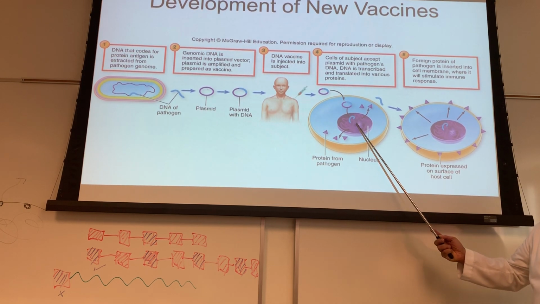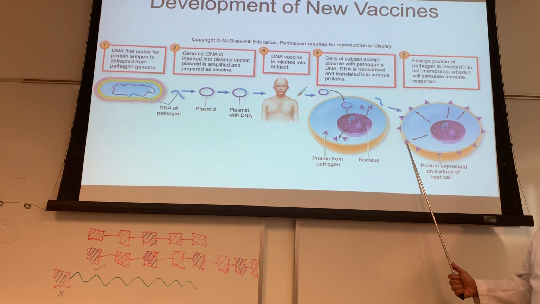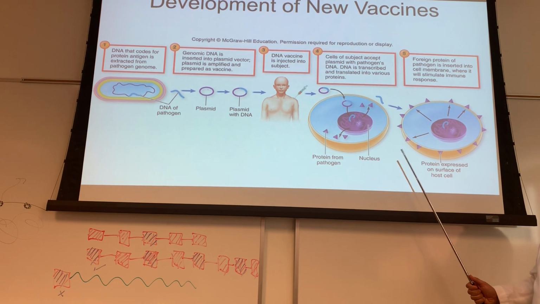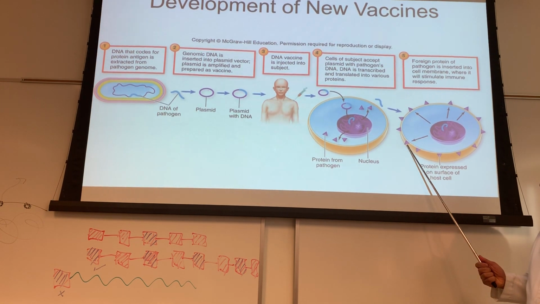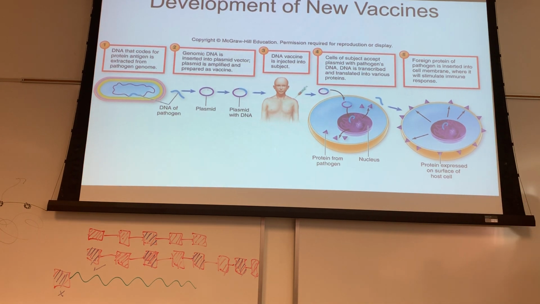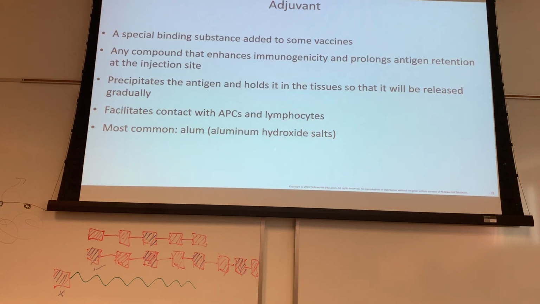The plasmid will do its thing, and then now your host cells are producing the bacterial protein. And your immune system is going to say, what's this? I don't recognize that. And it will start attacking it. I'm not going to volunteer for that one. I'll do it the old-fashioned way.